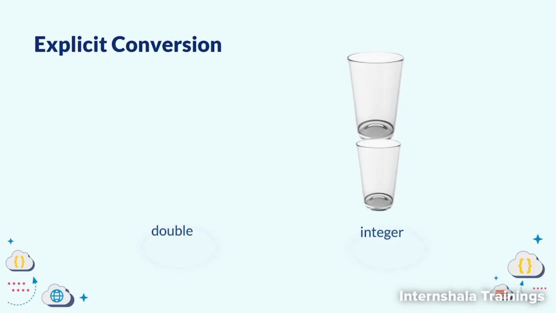In explicit typecasting, since the entire double class cannot be fitted inside the integer one, it will lose some data. Similarly, when we explicitly typecast a double type variable into an integer type variable, we will lose some data, that is, the decimal points will be lost. Let us move to Eclipse IDE and check it practically.